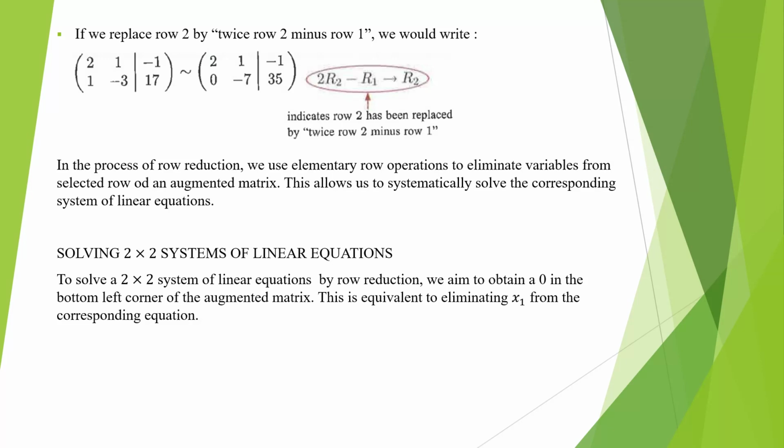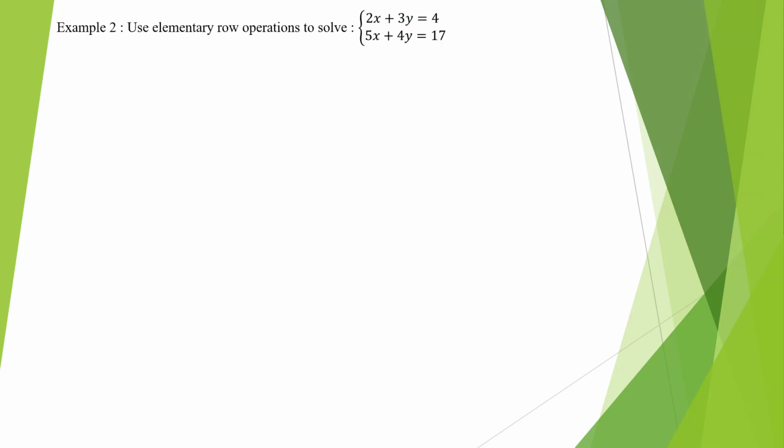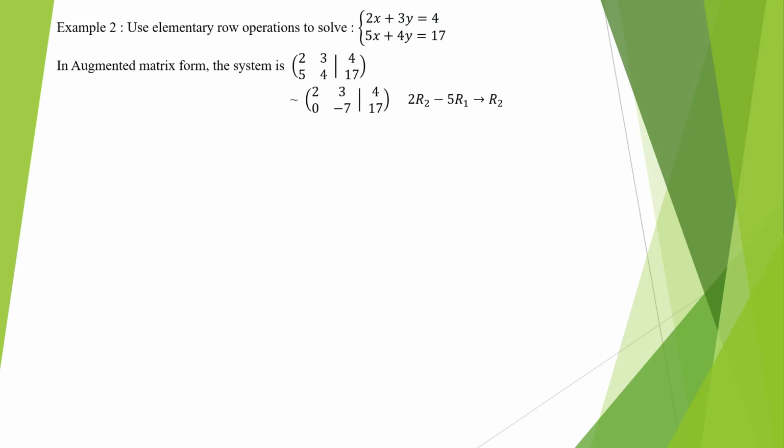So first we eliminate x1, next we eliminate x2, and next x3, depending on our equations and our unknown variables. In this example, first we convert 5 to 0.